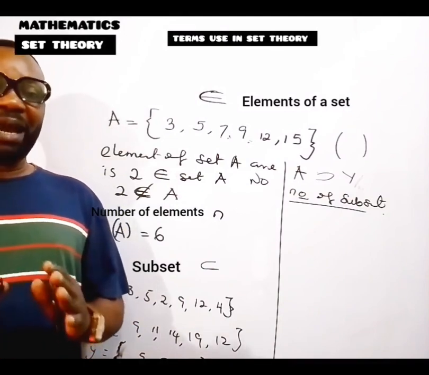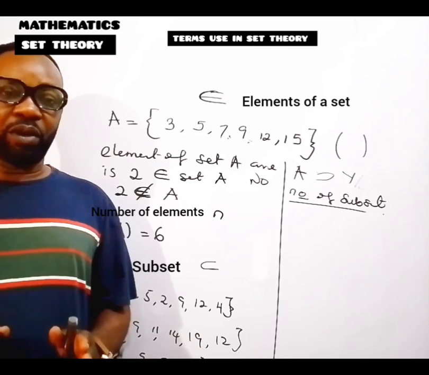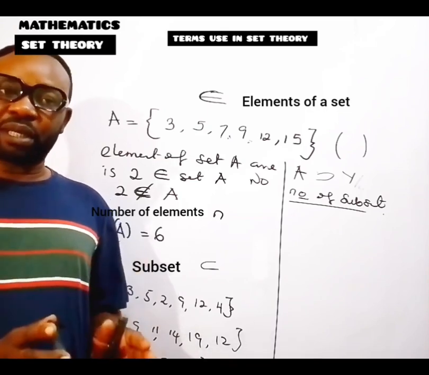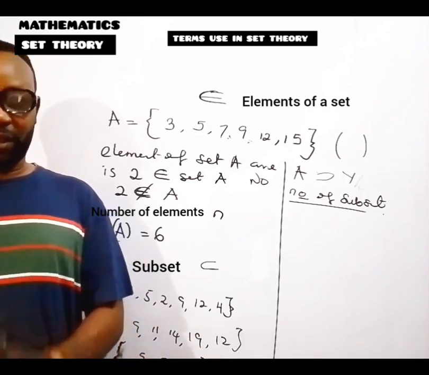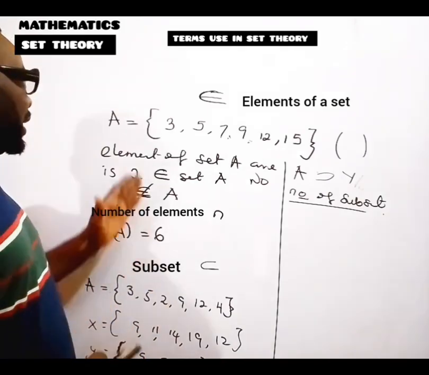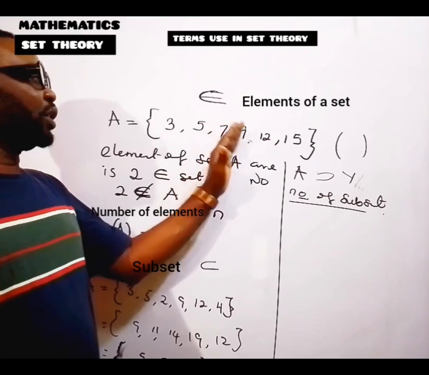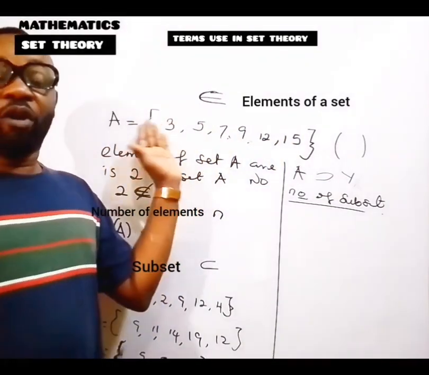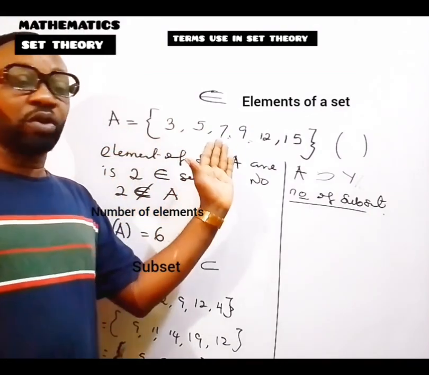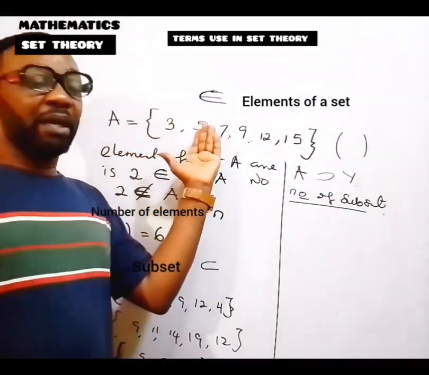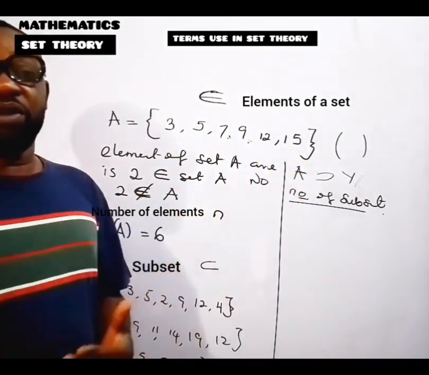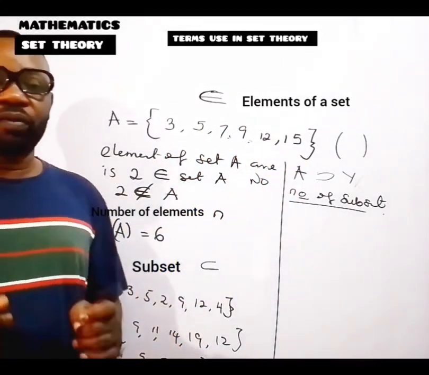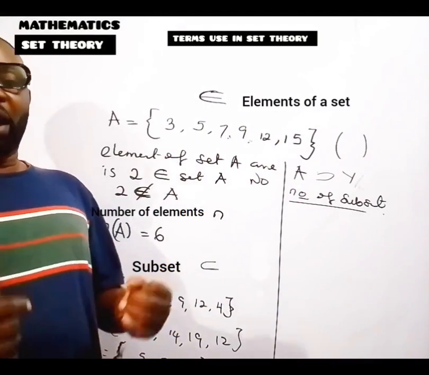I want you to be clear about this very well. Number of subsets is different from number of set. Number of set is the counting of each of the elements in the set given to us. You count each element in it, then you give us the figure as the number of set.